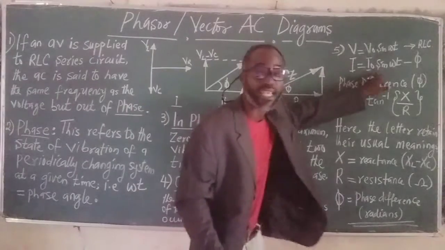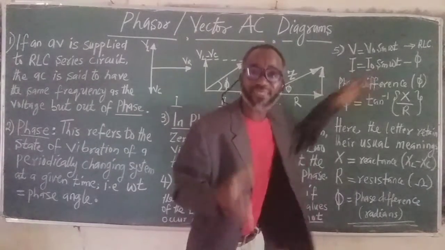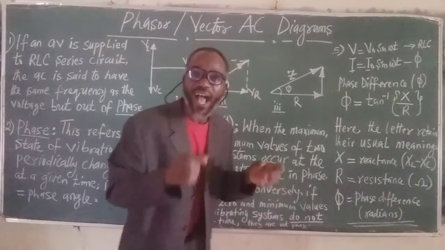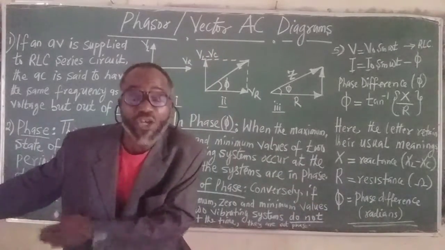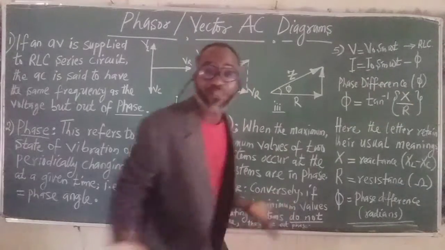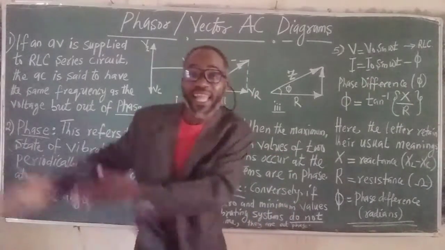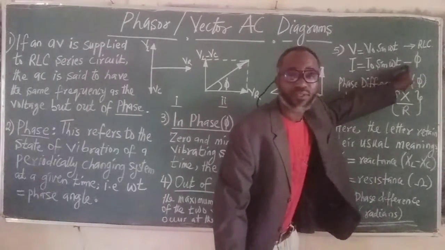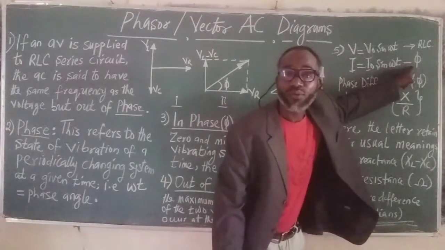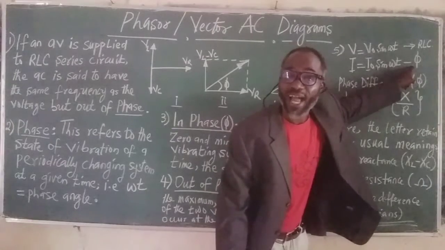And since this involves RLC circuits, current lags behind, voltage leads. That's what happens. And because current lags behind, it has a minus by that factor through which it lags.